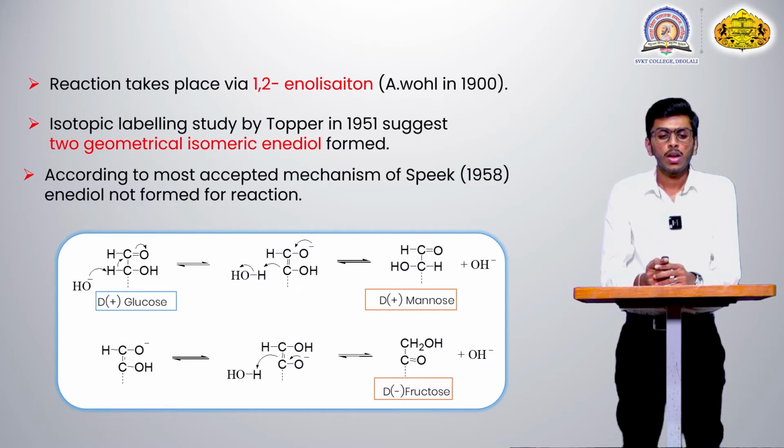The base abstracts the alpha hydrogen of D-glucose and gives an intermediate having a negative charge on the oxygen of the first carbon atom or on the oxygen of the second carbon atom, leading to D-mannose and D-fructose respectively. We can see the mechanism in the image given below.